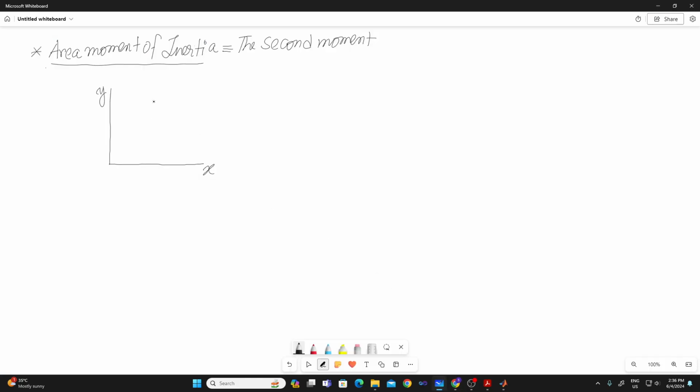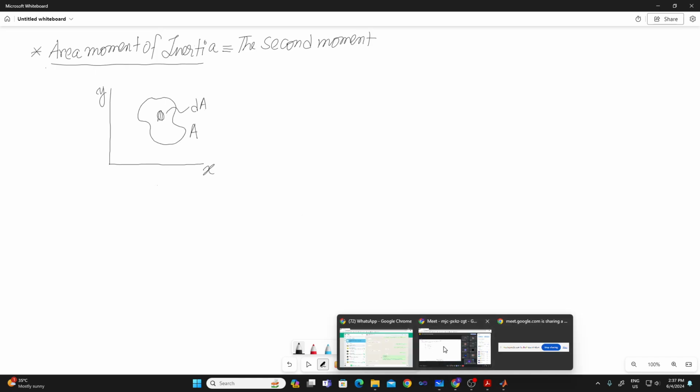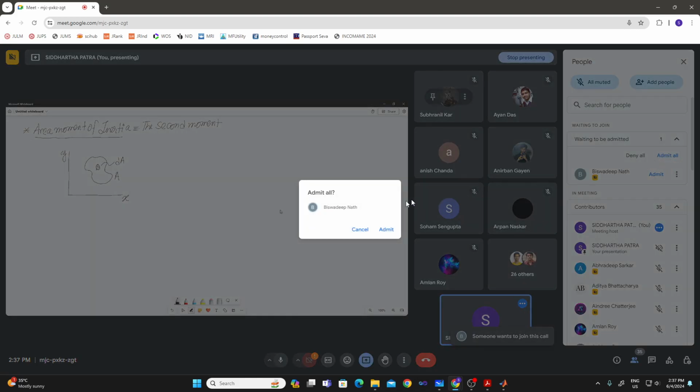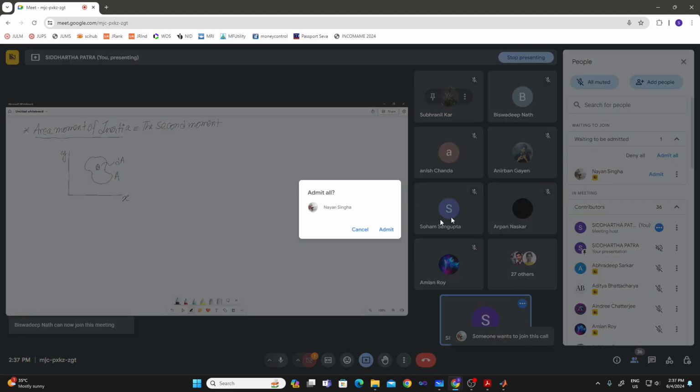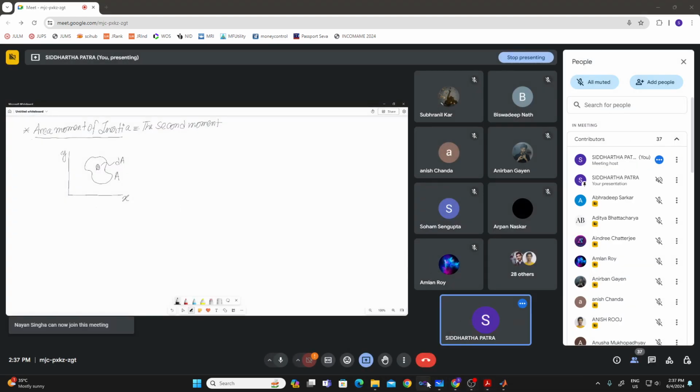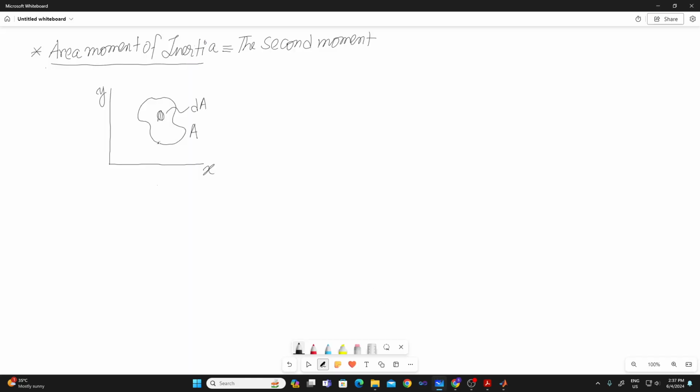is quite similar. So you have this planar area, let's call it A, and for this one you'll have to take a differential area, be it a strip like or box like differential area, okay, and let's say this is the distance from y-axis.